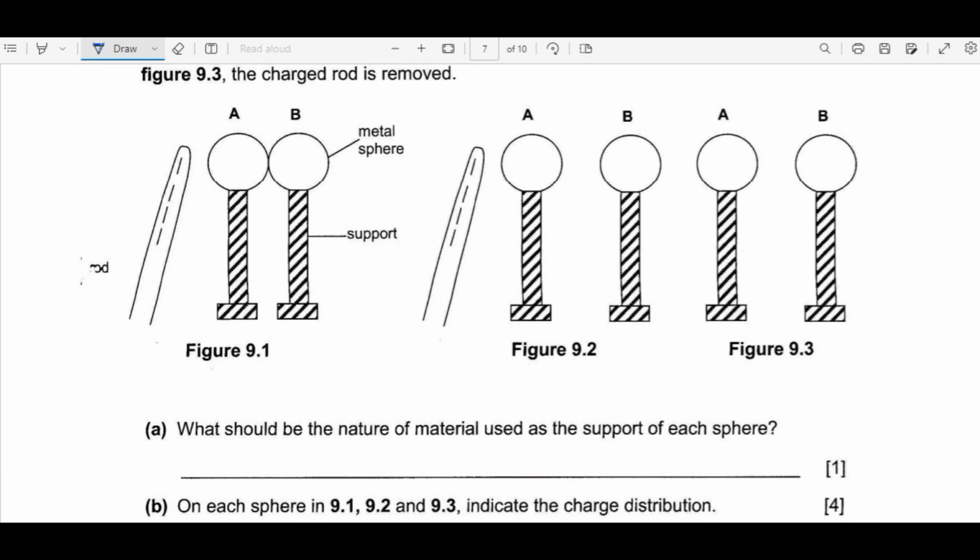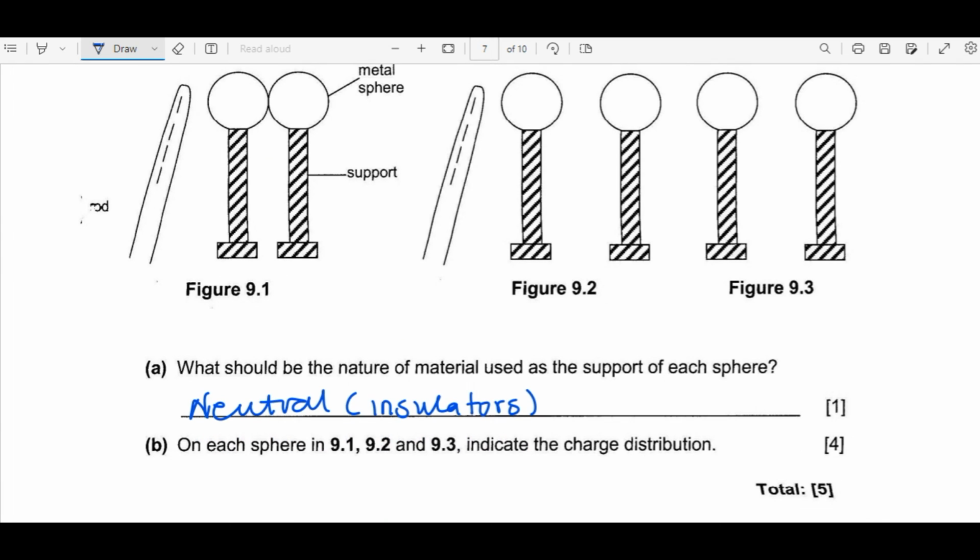The supporter must always be neutral, or we can say insulators. Whatever is supporting this must not be a good conductor, so it should be a bad conductor.